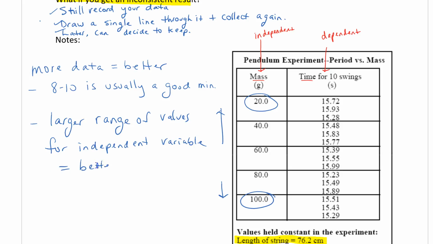So if you can keep that range really large, it's good. And I would say usually a factor of 5 is a good minimum.